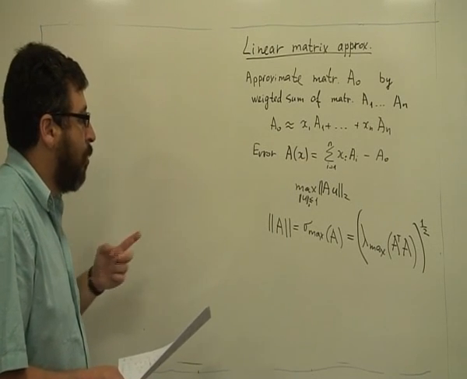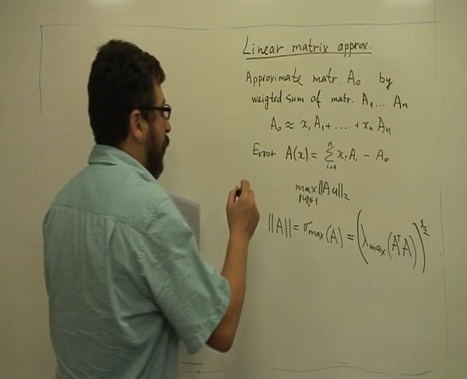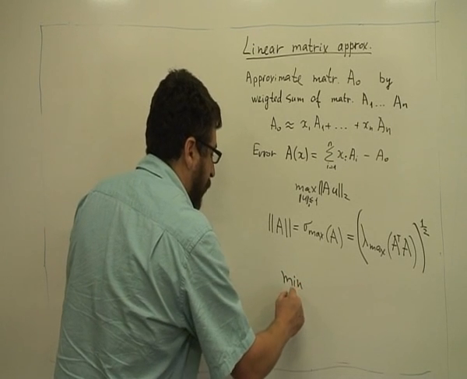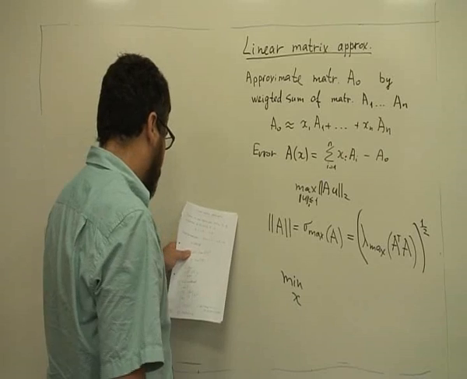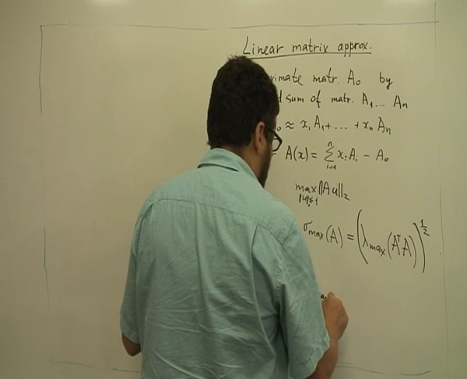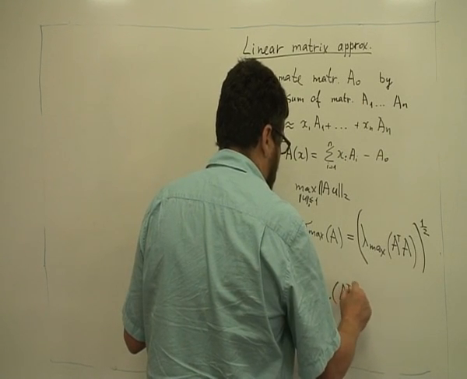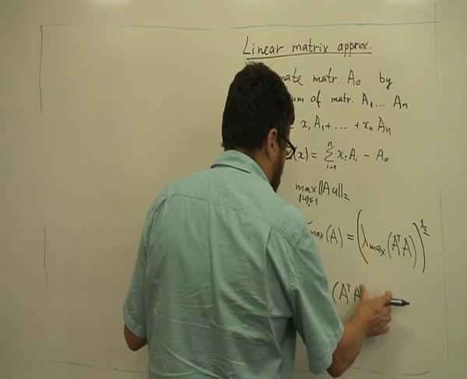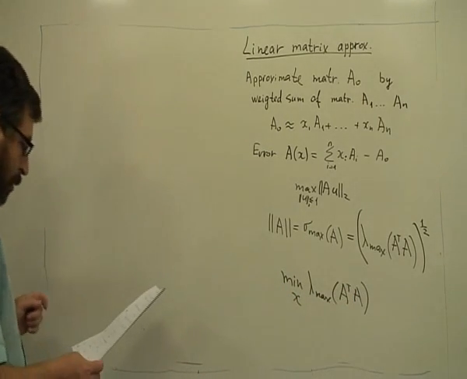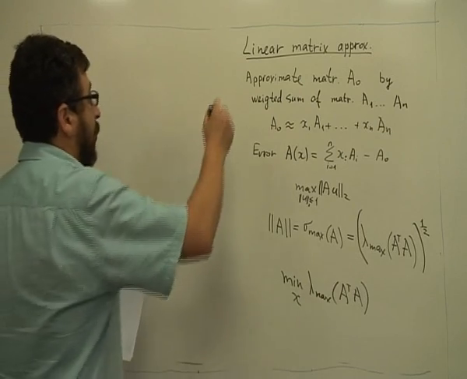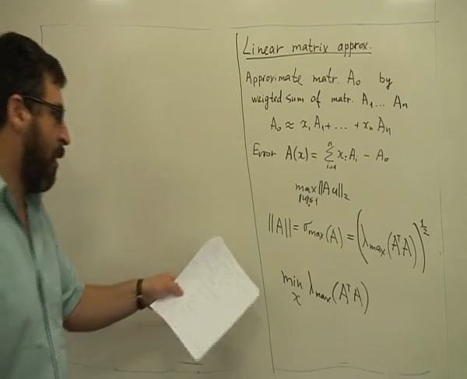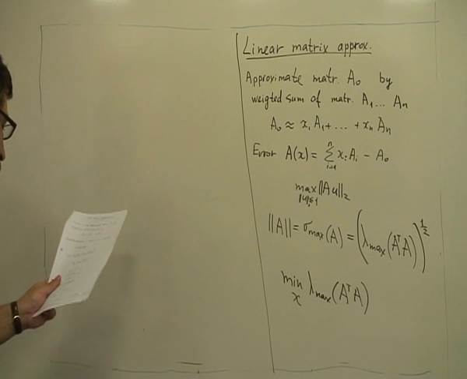Okay, so actually our problem is to minimize over x lambda max of A transpose A. I skip the argument here. And we already know how one can minimize the maximal eigenvalue of some matrix.